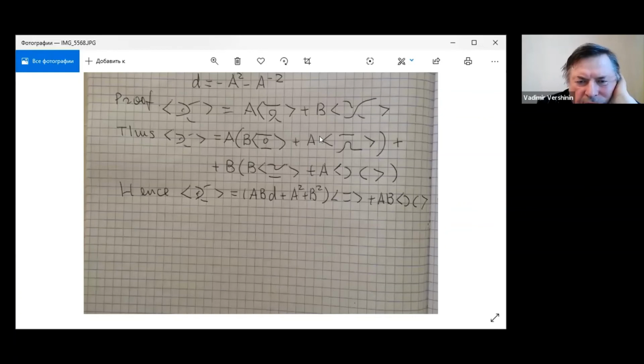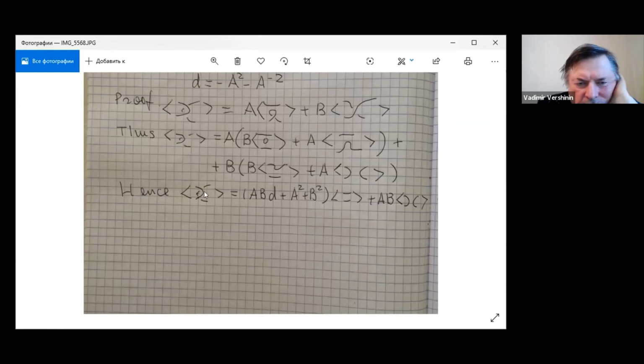So this, and this, nothing but Kauffman smoothing several times, and you see that the Kauffman bracket of this diagram is equal to ABD plus A squared B squared times 2 horizontal lines, and AB here, AB here, BA here, vertical lines.